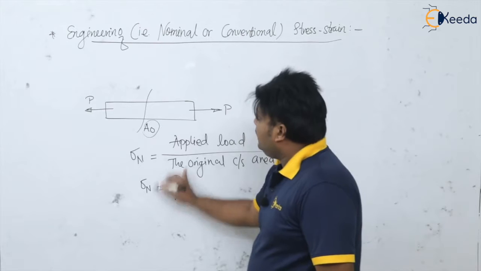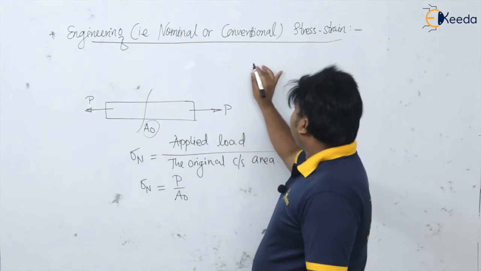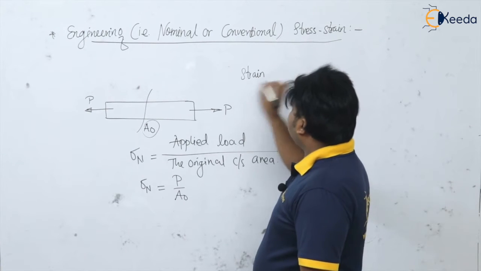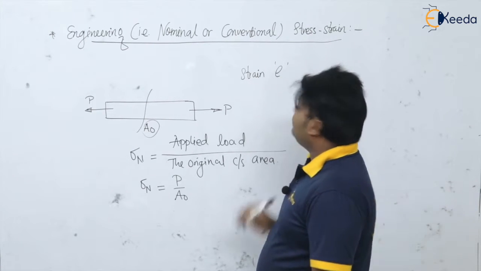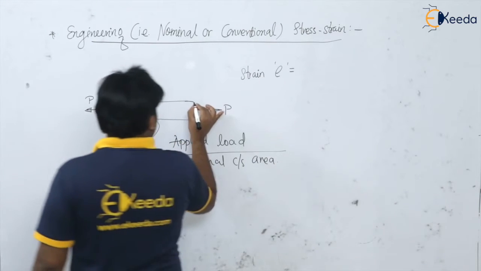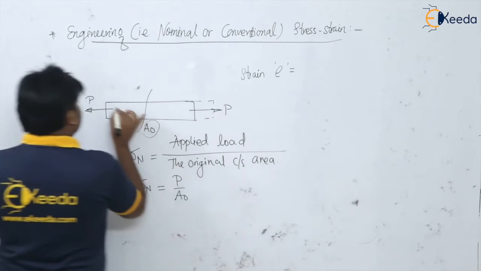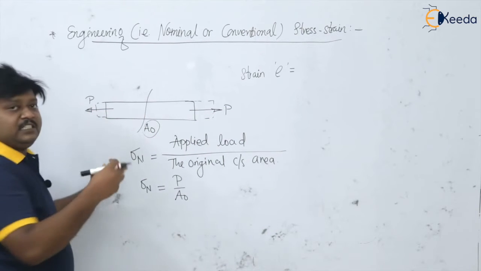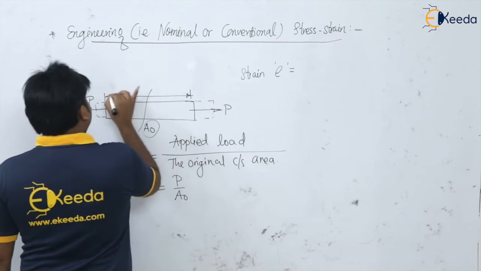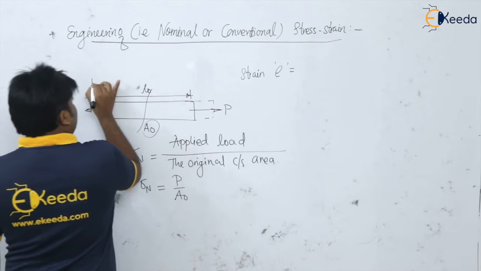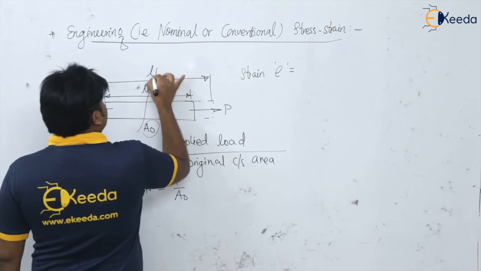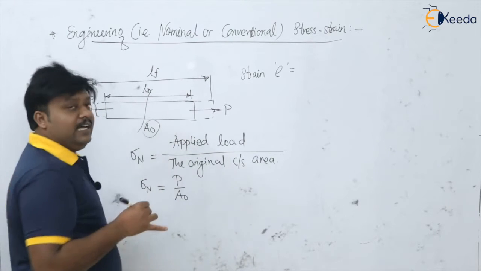Okay, so this is the nominal stress, and when you talk about the strain, it is represented by this engineering strain, small e. Okay, so what is this strain? Because of this load, when the specimen is undergoing the deformation, so change in length, this is the original length of the specimen, L original, and after application of load, the specimen has now reached the length LF.